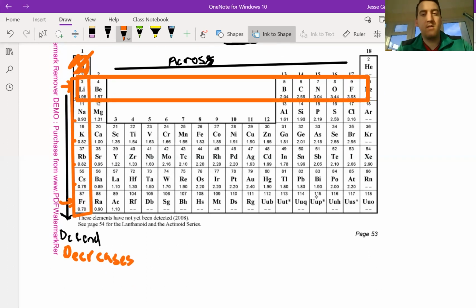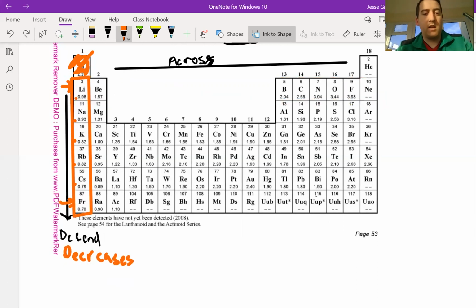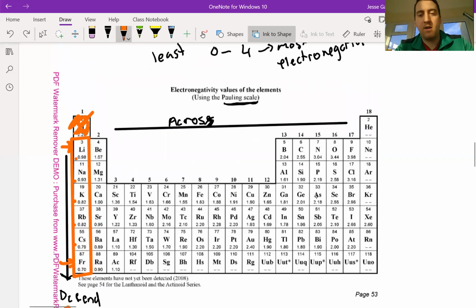It starts lithium 0.98, fluorine 3.98. So I would say the pattern is it increases. So across the table, it increases.